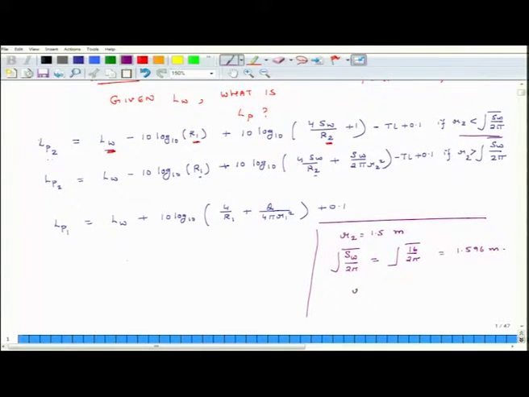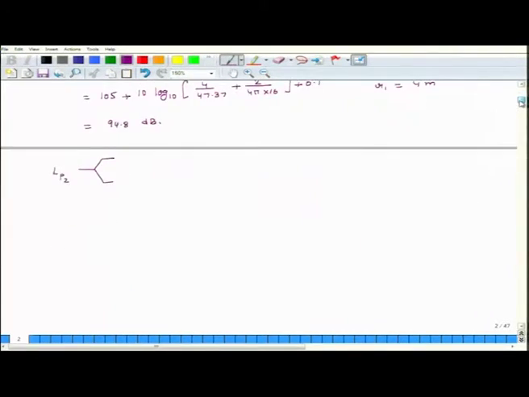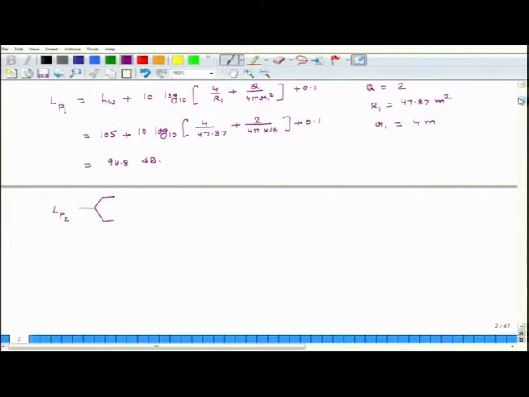So, what does that mean? That R2 is less than SW divided by 2 pi. Because that is the case, we will use the first equation.